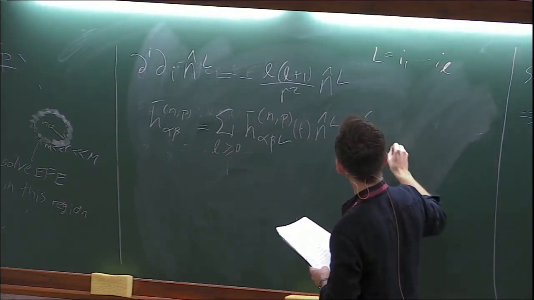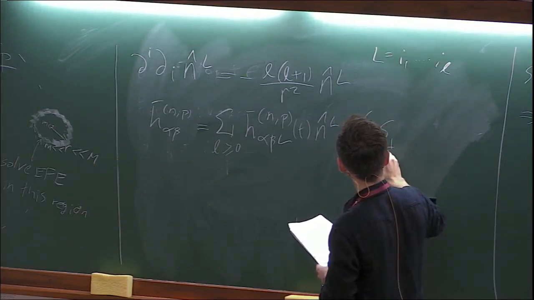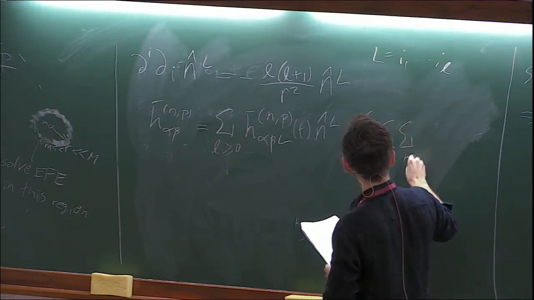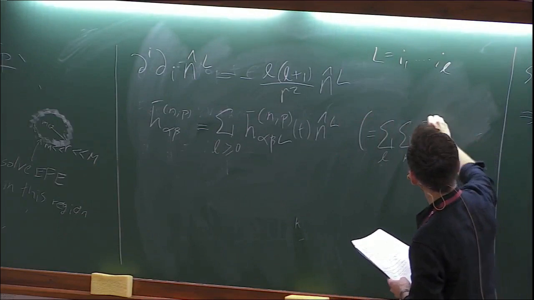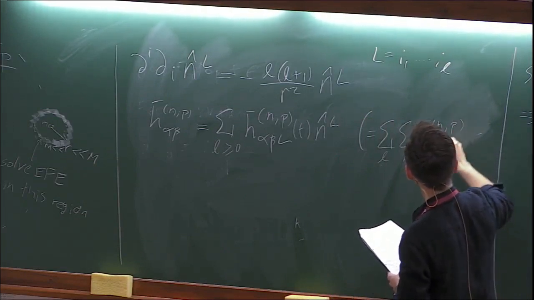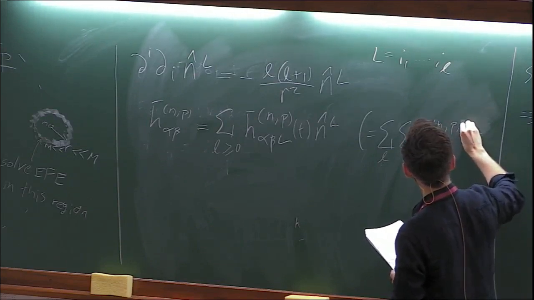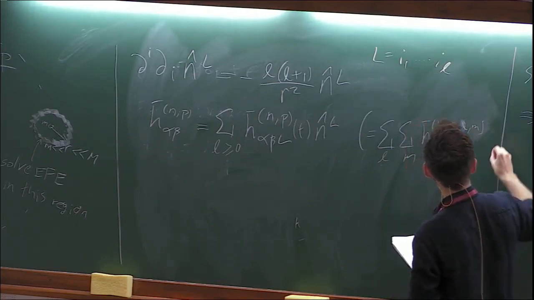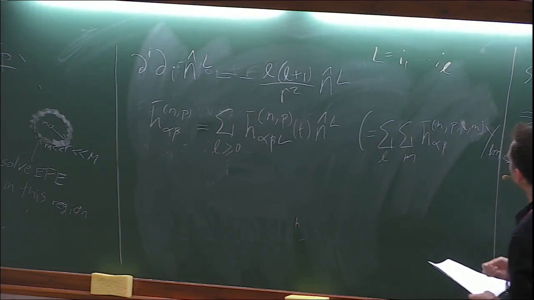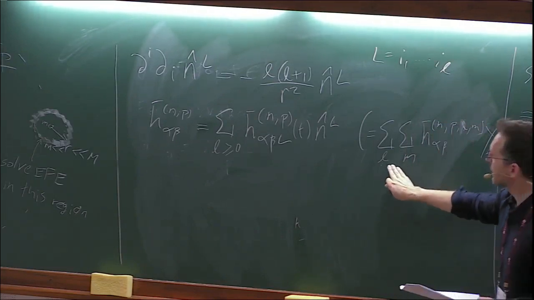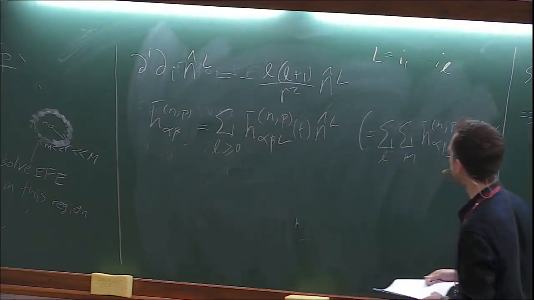So this is completely equivalent to the sum over l, sum over m, h bar n p alpha beta, with an extra index here, lm, Y_lm. So it's the same l here as the l over here.